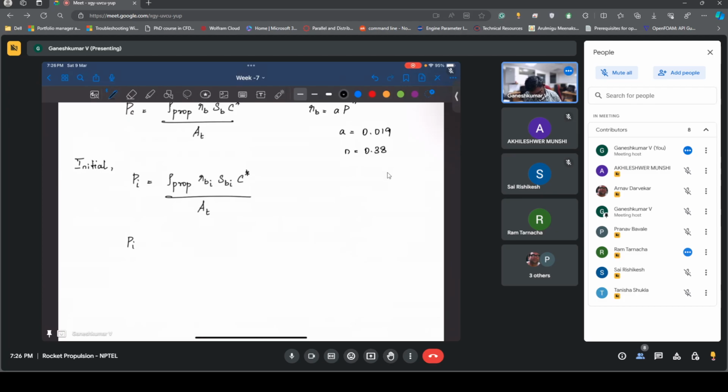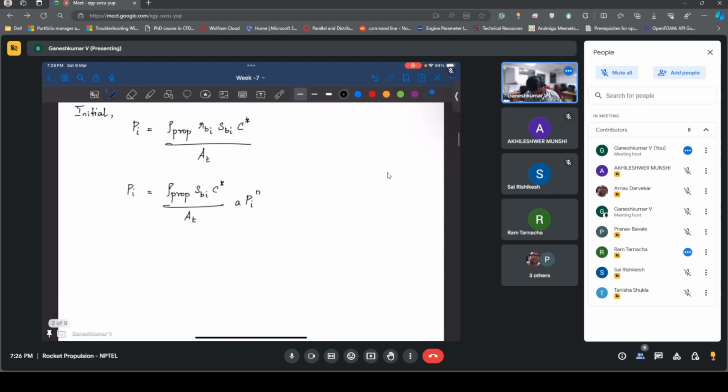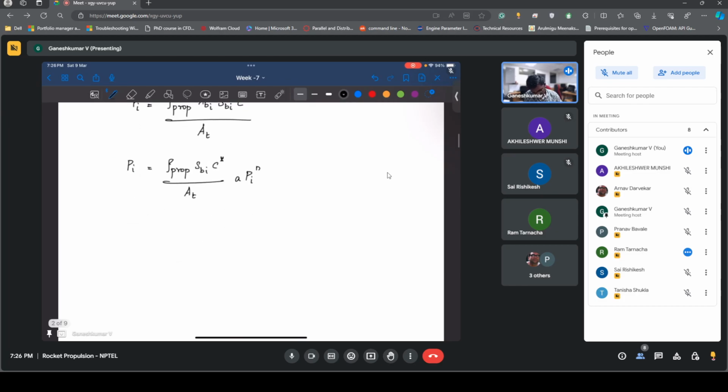So let's try to substitute everything here. Others are straightforward, but RB is what we need to give a little care because it also contains the pressure. So P at I power n. You can take this to one side and then you can get the answers.